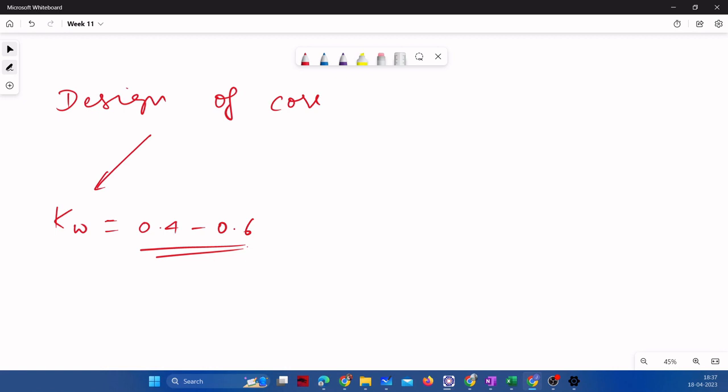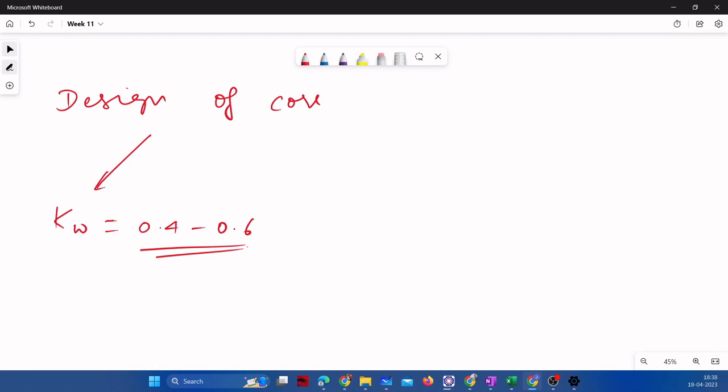Good craftsmanship. If the person who is going to wind the inductor is skilled enough, then he can utilize the window area properly, if he takes creepage and everything into consideration.